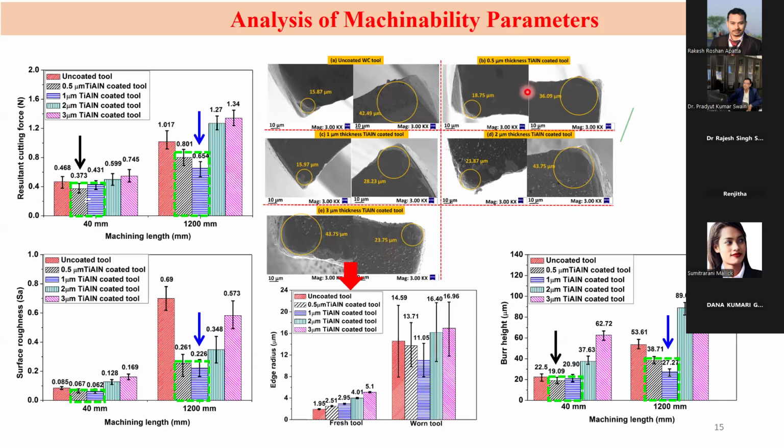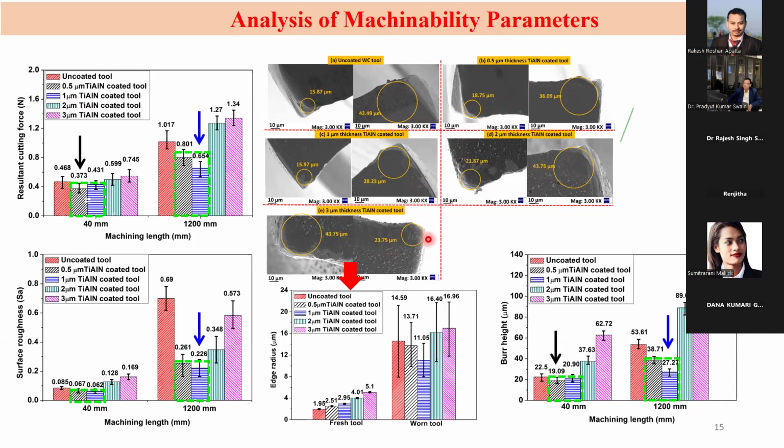And for very less coating thickness also, the coating is not sustaining. Once the coating came out, or you can say it delaminated, then the tungsten carbide is exposed. Then obviously more friction and more plastic deformation can happen.